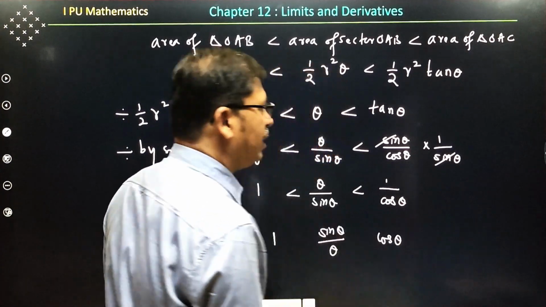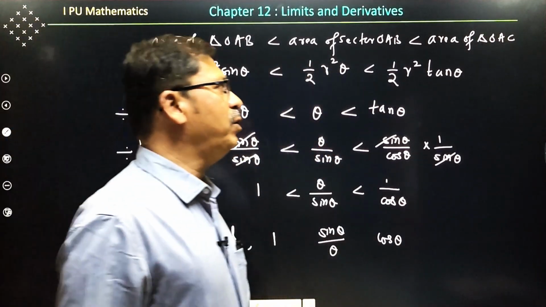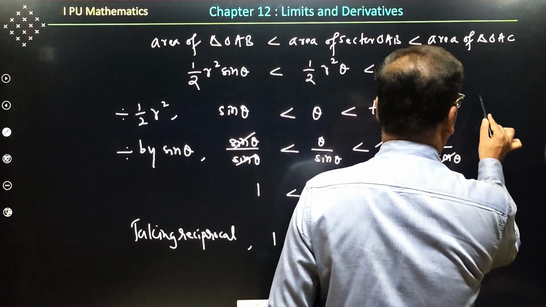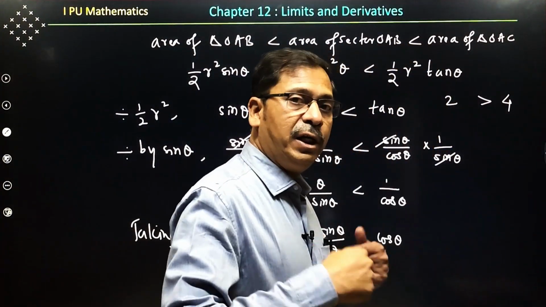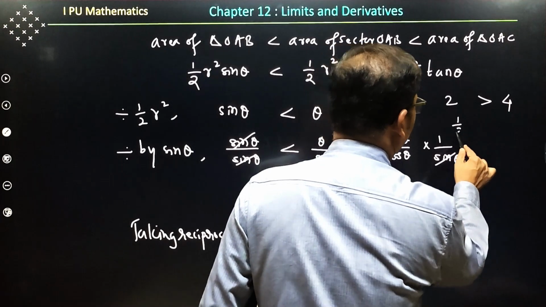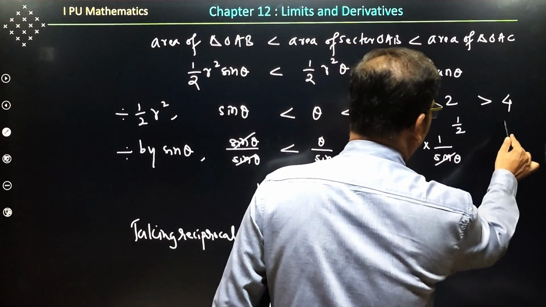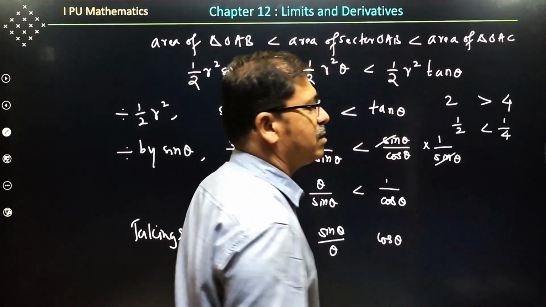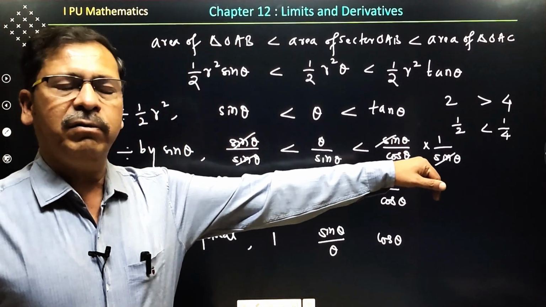Please concentrate here, one interesting thing. If you take 2 and 4, 2 is less than 4 definitely.